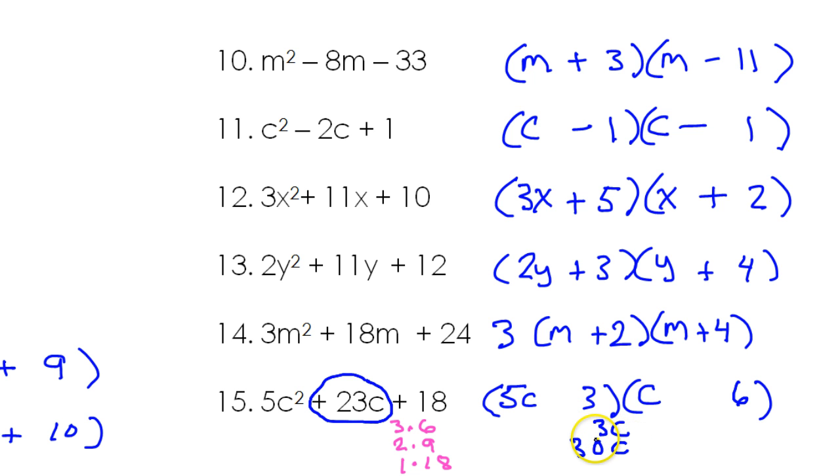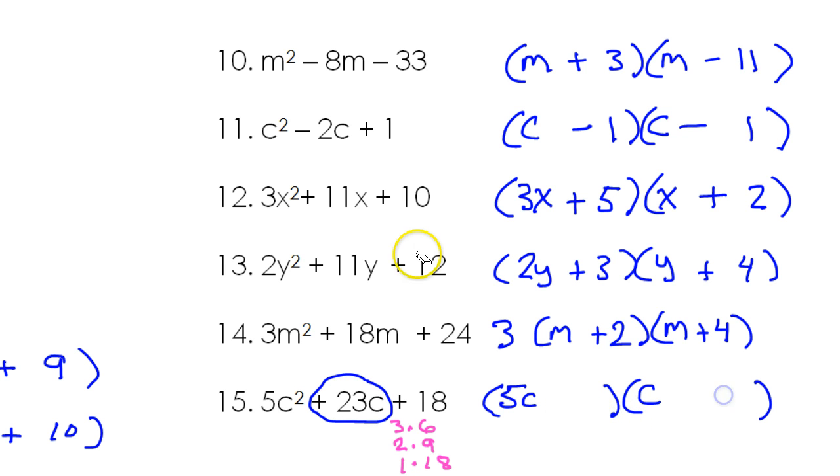I can control the signs. Is there a way I can choose the signs so that I get 23c? Nope. If I subtracted, that would make 27, but that's not good enough.